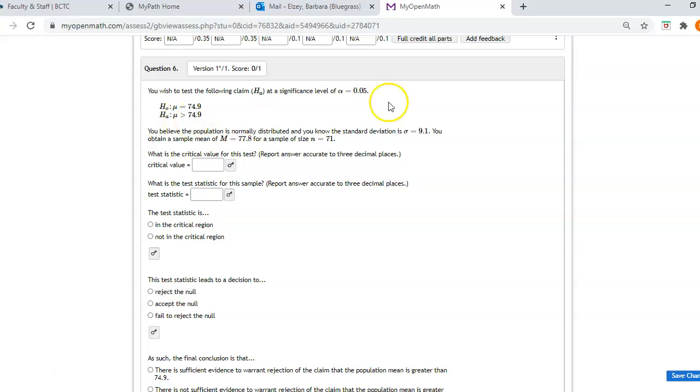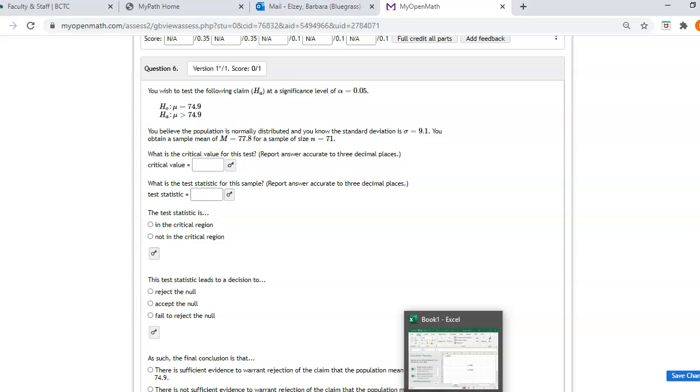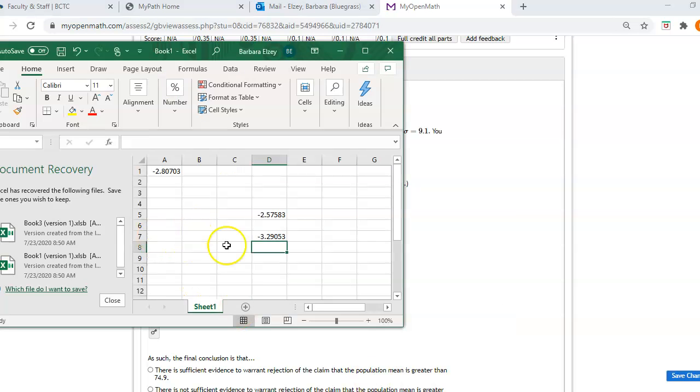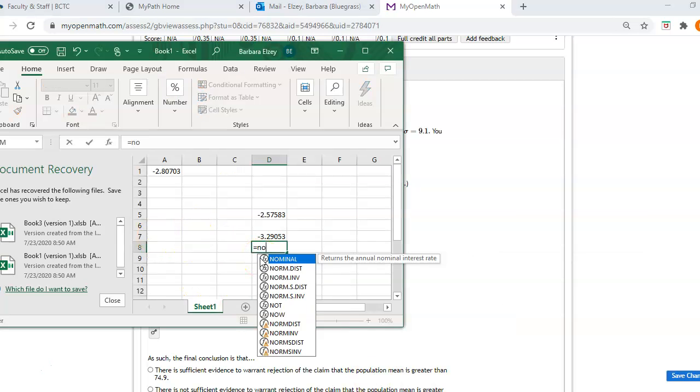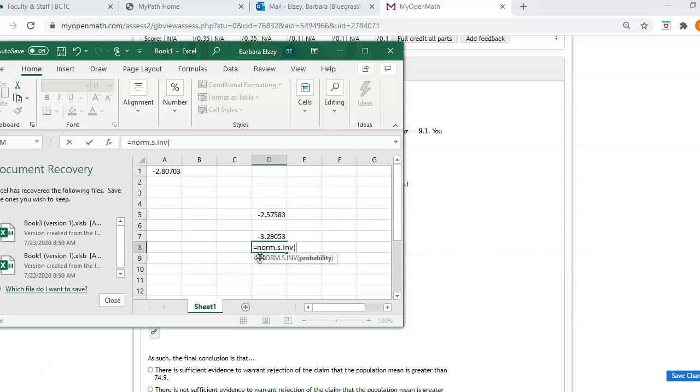But what you've got to do to begin with is subtract alpha from 1 if it's a right-tailed test. So we're going to say 1 minus 0.05, which is 0.95, and that is what we stick in here. We get that our critical value is 1.645. Anything to the right of 1.645 would end up being in the rejection region.